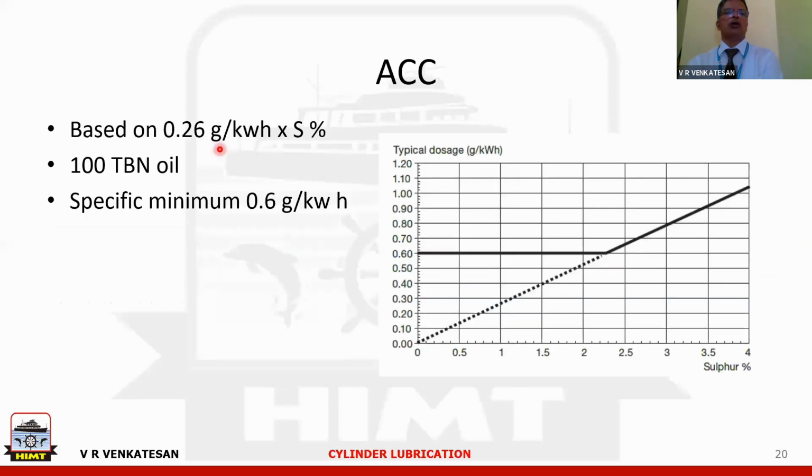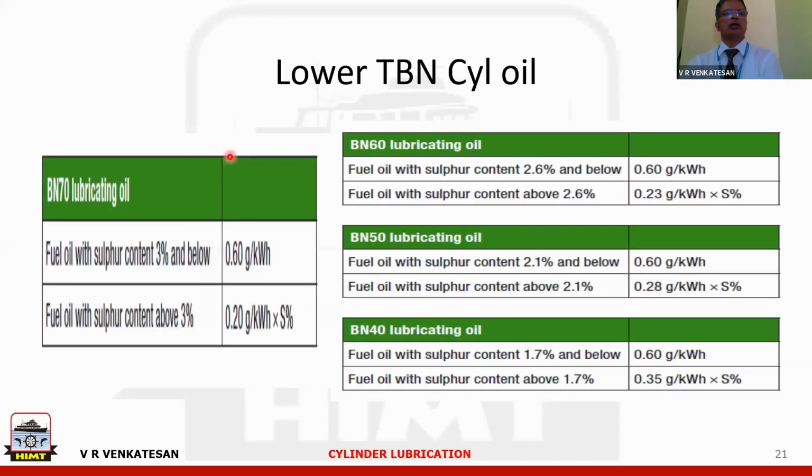So if you have 0.26, then the rate is more. Whether you choose 0.2 or 0.26 gram per kilowatt hour for this factor will depend on the condition of your liner and what mode you are operating. So is there more maneuvering or is it less maneuvering? Or is it in the break-in period?